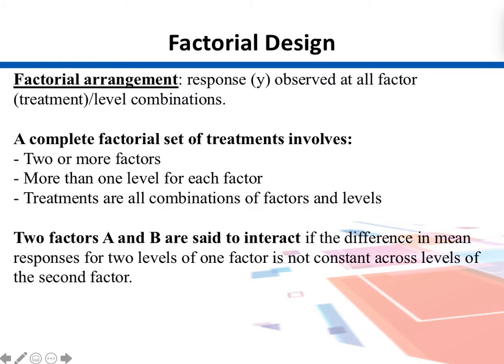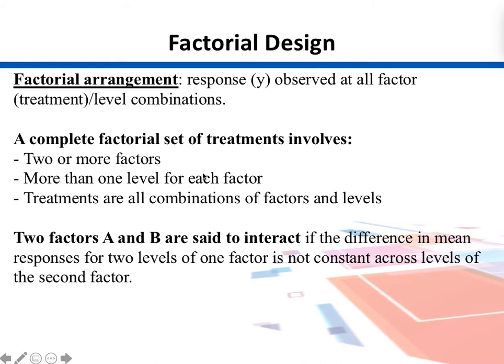So a factorial arrangement is where we see a response variable y observed at all factor and treatment level combinations. Factors are also called treatments.